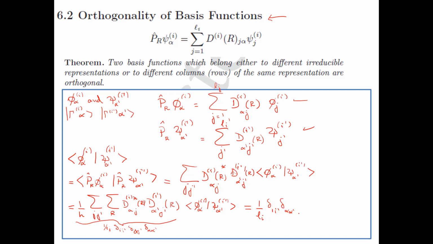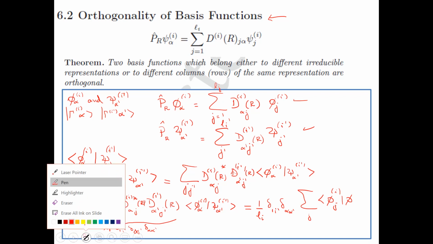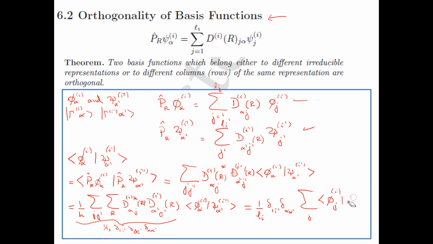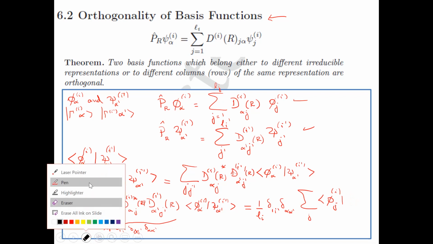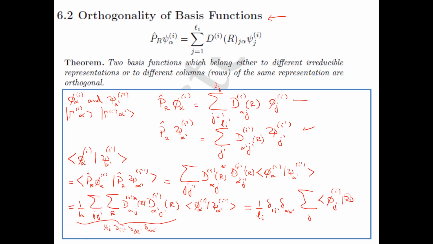Okay, and there's also this sum over j. So this is a number that really doesn't matter much, because I just want to see if this is 0 or non-zero. Psi j, sorry. Okay, this doesn't matter, but what's important here are these delta functions.